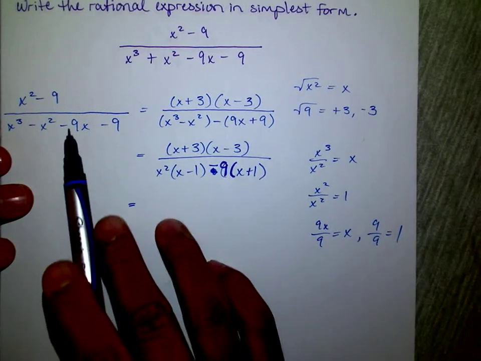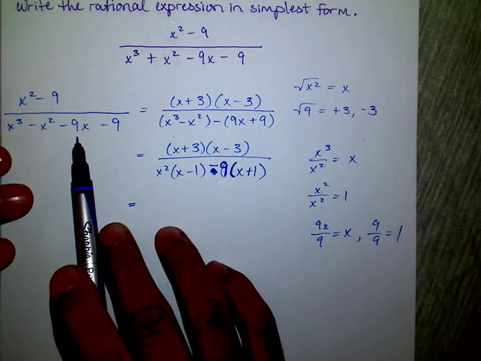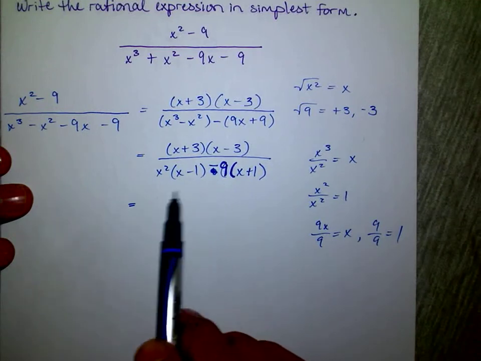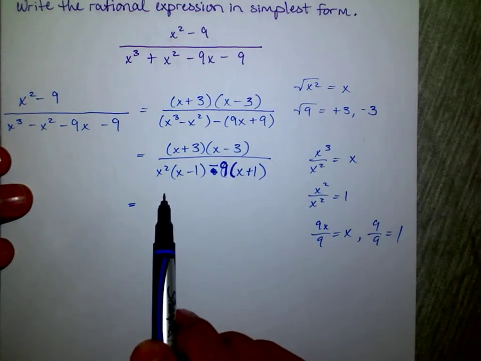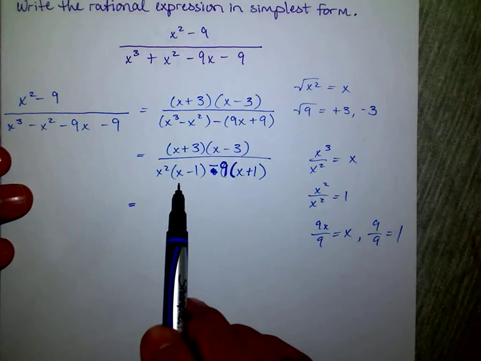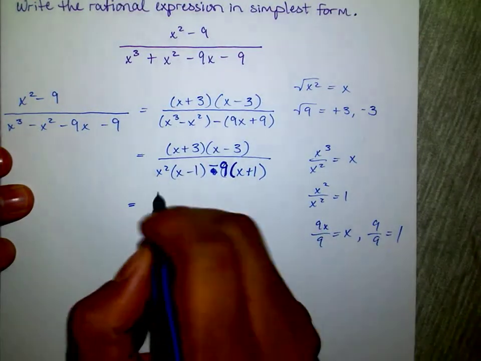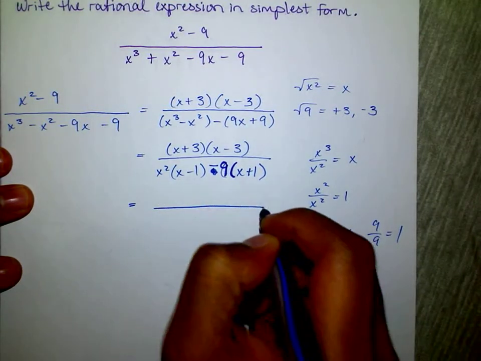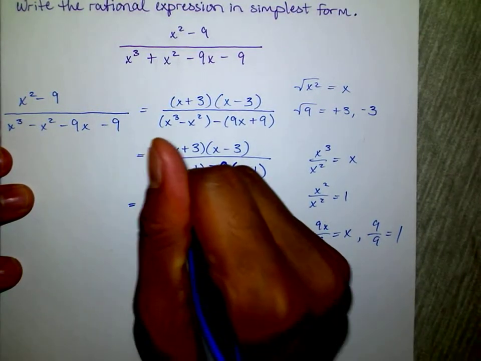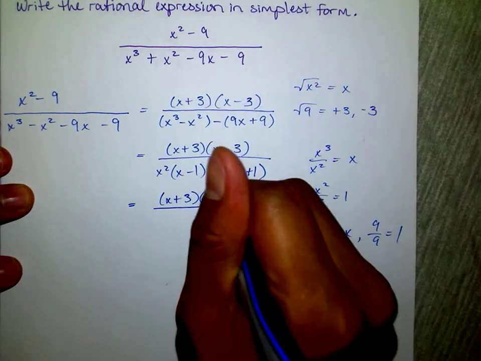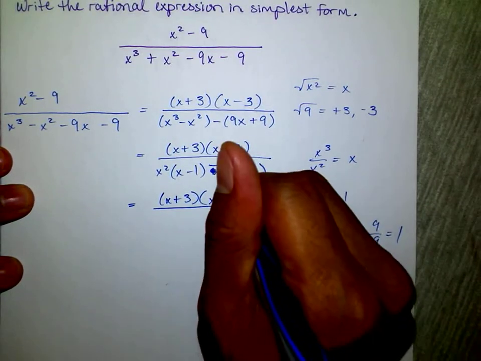And then right here, that's a minus 9. If we take the minus 9 out, that'll be a plus 1. So if we made that a positive 9, we can rewrite this as x plus 3 on the top, x minus 3.